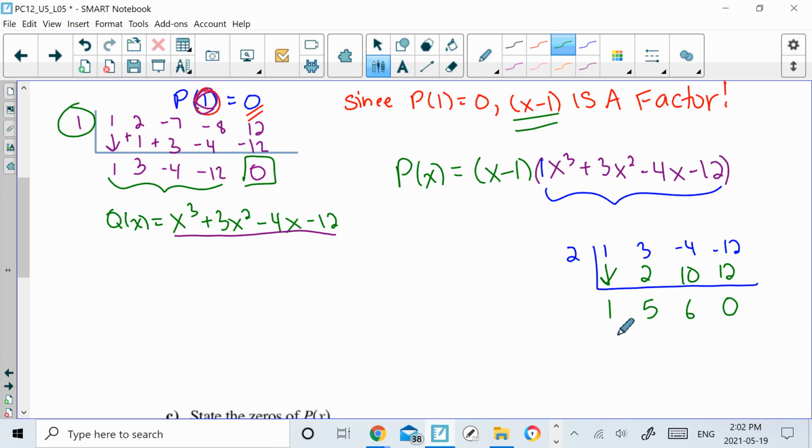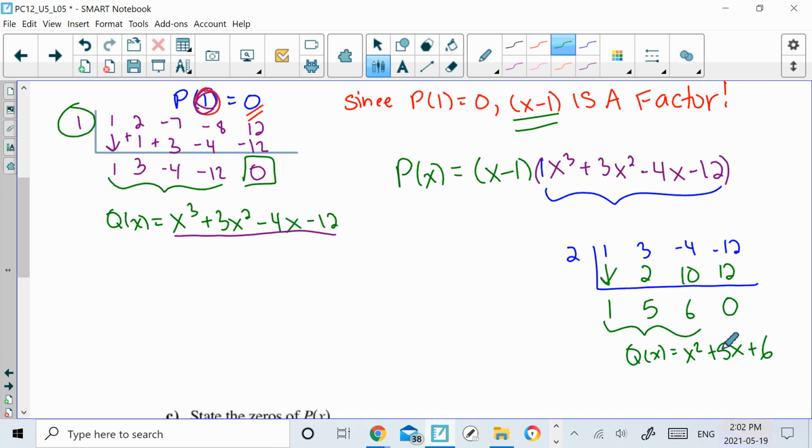What is happening now? This is now my quotient. This was a 3rd degree factor, so my quotient is going to be a 2nd degree. So that would be 1x squared plus 5x plus 6.